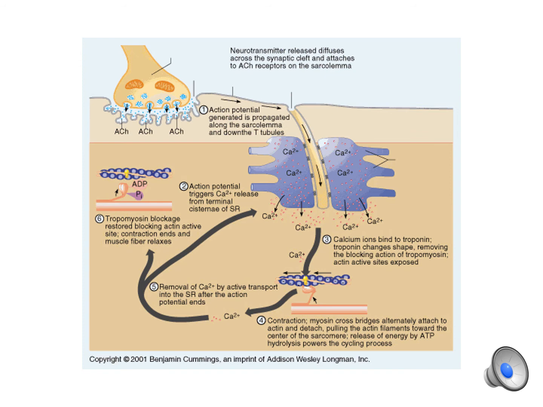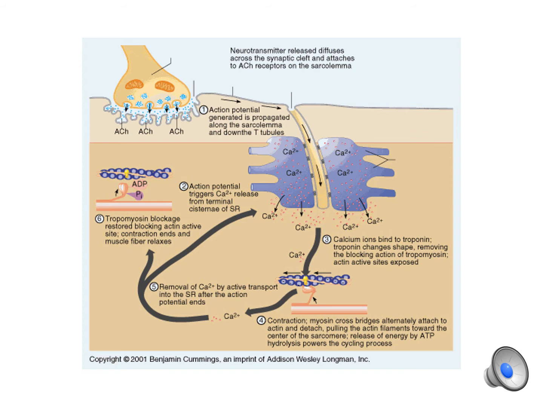So the action potential message will, in this case, get propagated along the sarcolemma and down the T-tubules. So remember how we were talking about how the T-tubules open to the outside of the muscle fiber? This is why. This is where that comes in. So again, we've mentioned how a message will pass down the axon of a neuron into the axon terminal, which will trigger the synaptic vesicles to release their acetylcholine into the synaptic cleft.